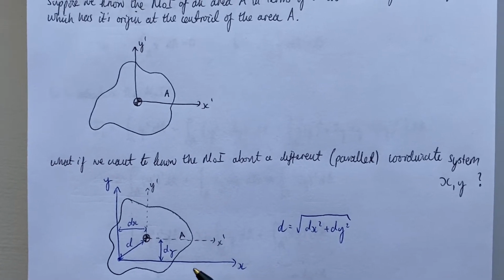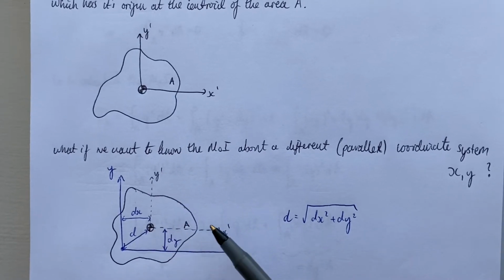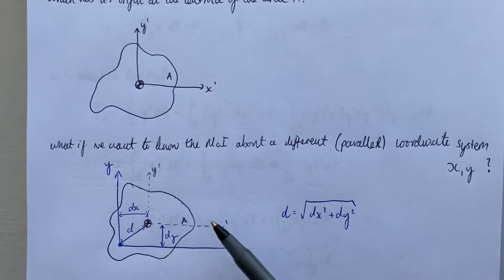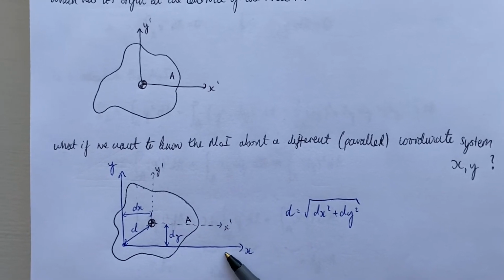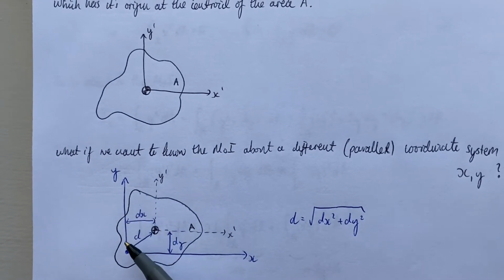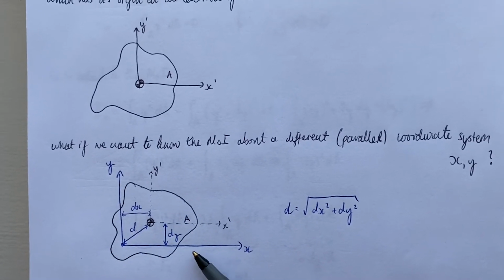Here is our original axis system where we know the moment of inertia about x dash, y dash, and here is the new axis system, just x, y, which we'd like to find the moment of inertia about.